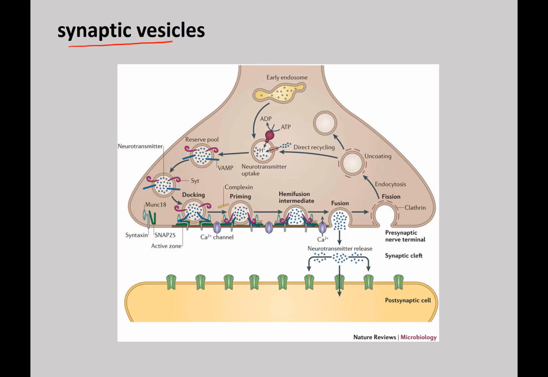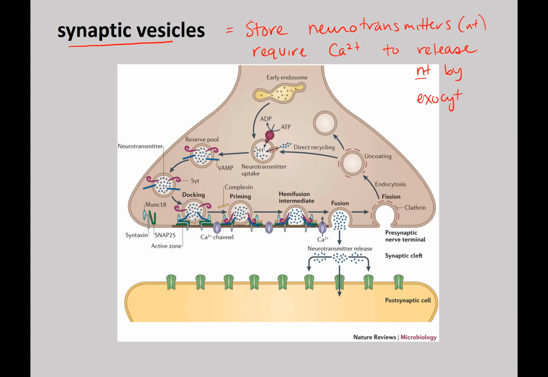So synaptic vesicles store neurotransmitters, and they require calcium to release the neurotransmitters, NT, by the method of exocytosis, which you learned about.